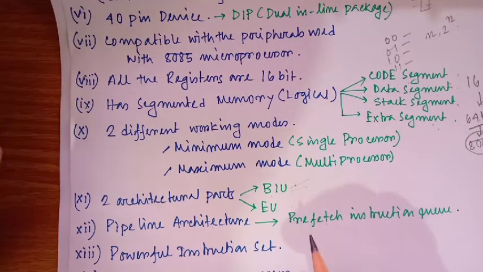This pipeline architecture also increases its execution speed. So the combination of these three mainly makes this device relatively faster than 8085.